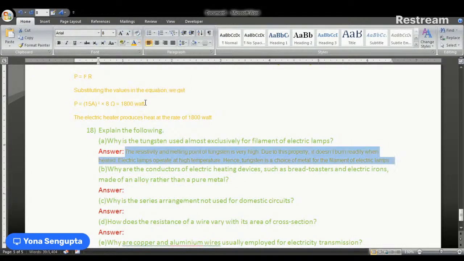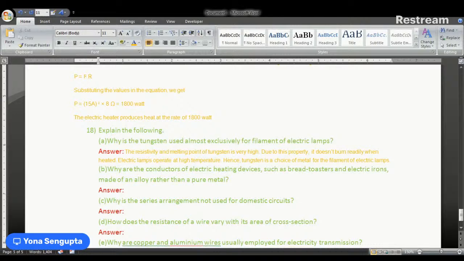Next question is, why are the conductors of electric heating devices such as bread toasters and electric irons made of an alloy rather than a pure metal?